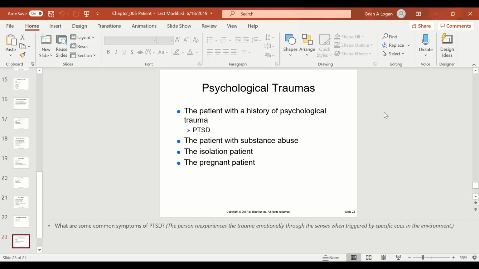It's going to start to put pressure on your vessels, and because there's no break in the skin, it doesn't have anywhere to swell to.